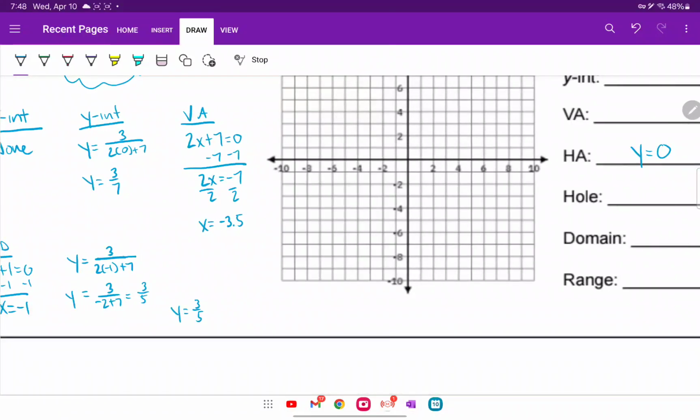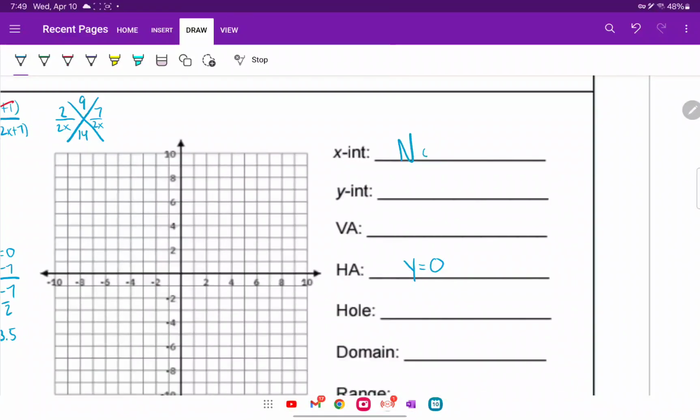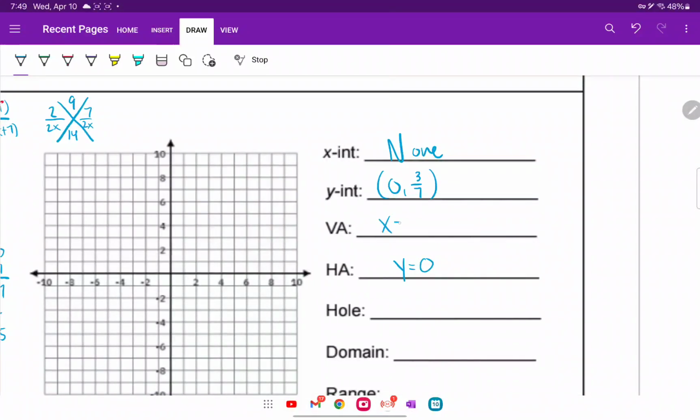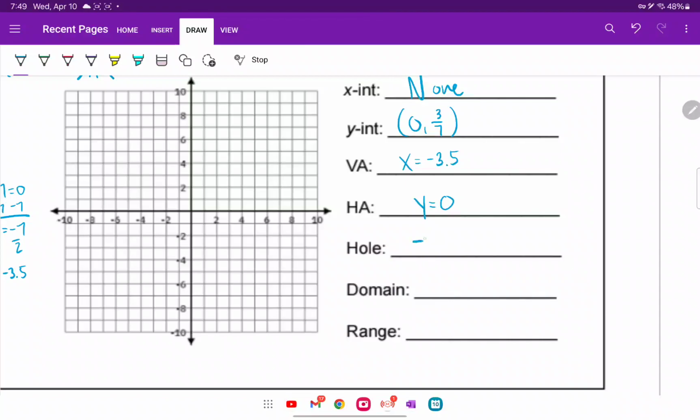All right, so let's go and write our information. So x-intercept none, and y-intercept (0, 3/7). Vertical asymptote, x equals -3.5. Our hole, (-1, 3/5).